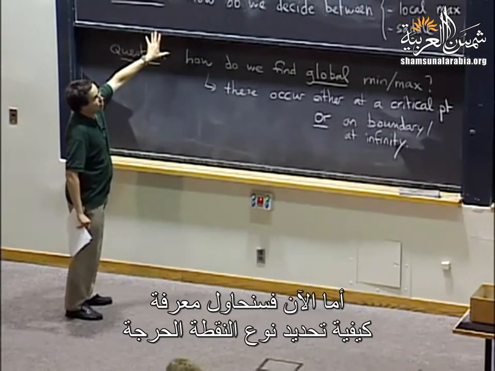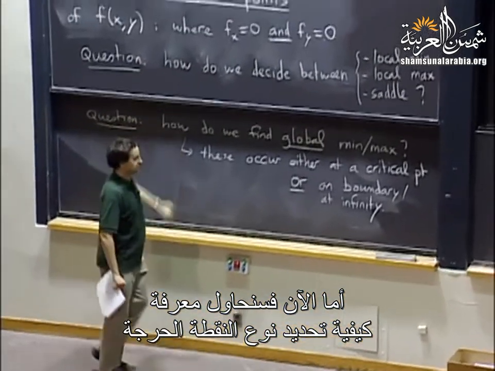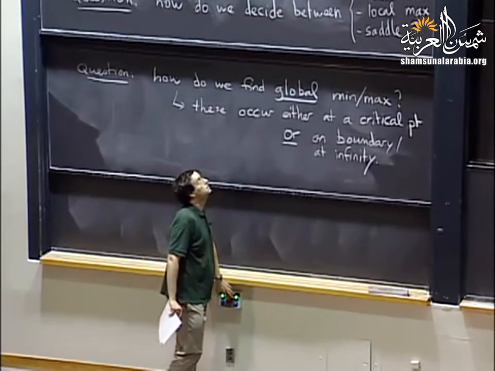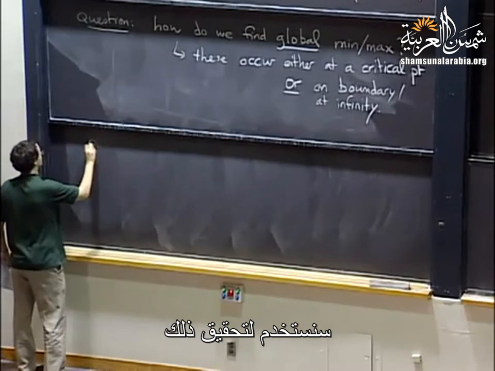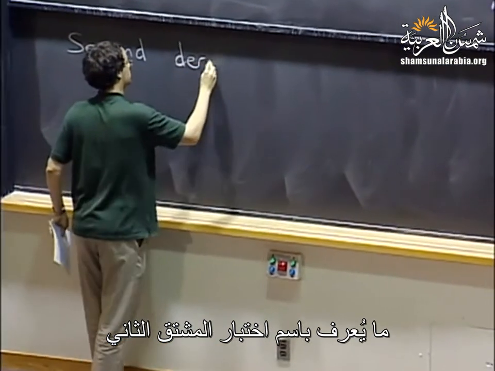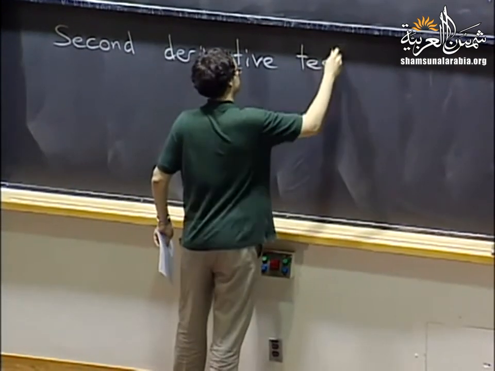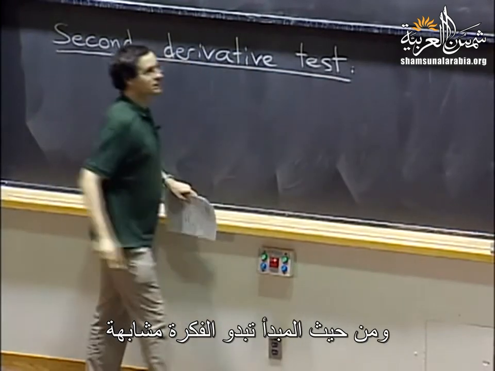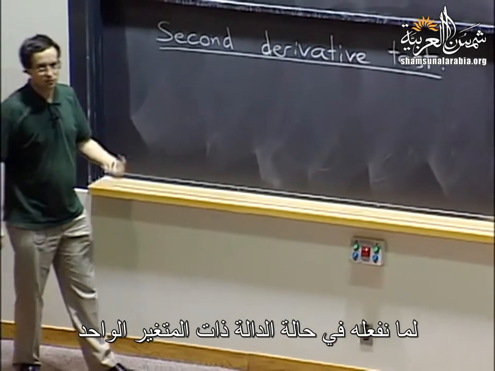For now, let's try to focus on the question of what's the type of the critical point. So we'll use something that's known as the second derivative test. In principle, the idea is kind of similar to what you do with a function of one variable.